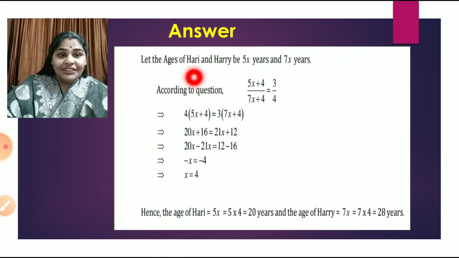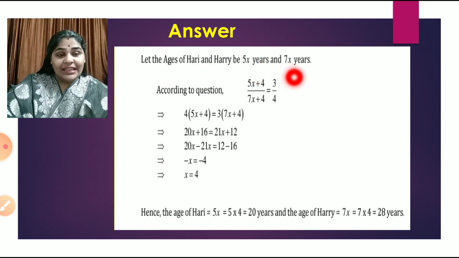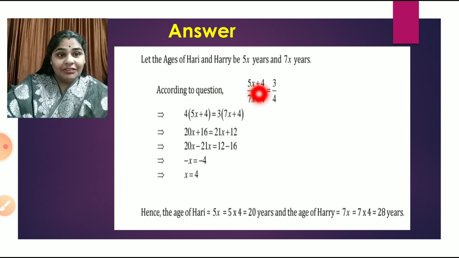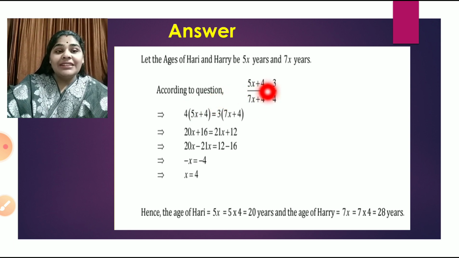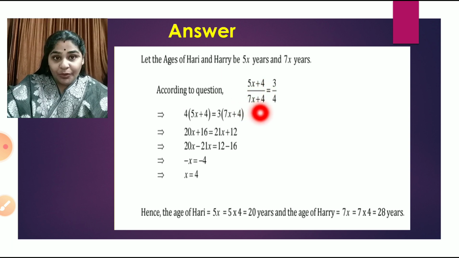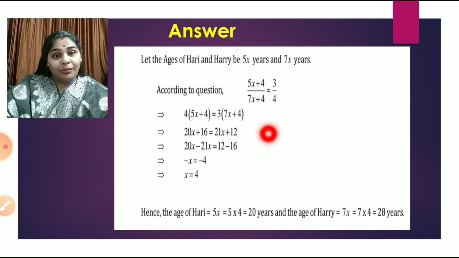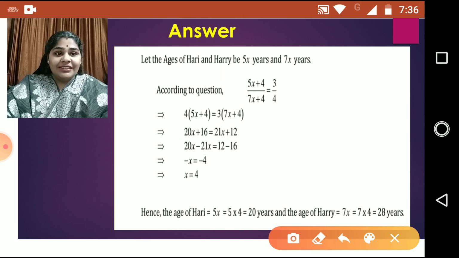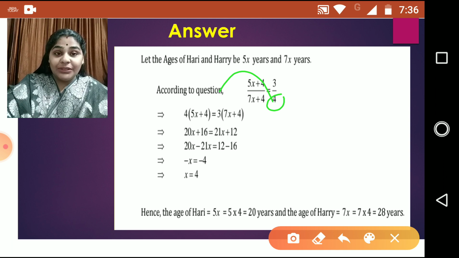Let the ages of Hari and Harry be 5x and 7x years as I told. So according to the question, it will be 5x plus 4 because after 4 years, right, upon 7x plus 4 is equal to, the ratio again they have given is 3 upon 4. Now what we are doing is, this 4 in the denominator we transpose to the left hand side.